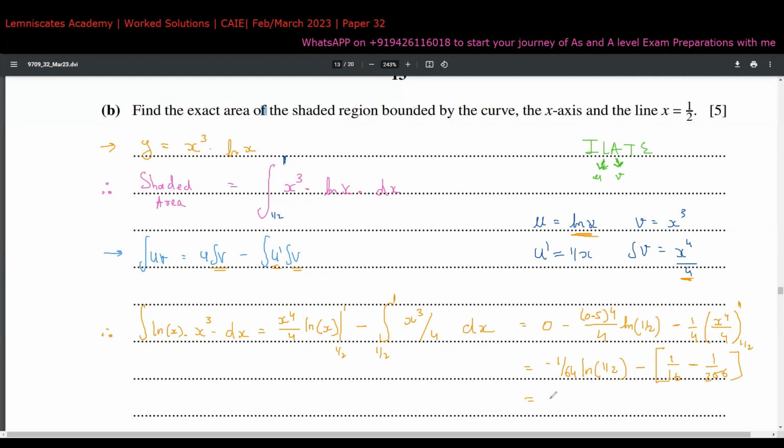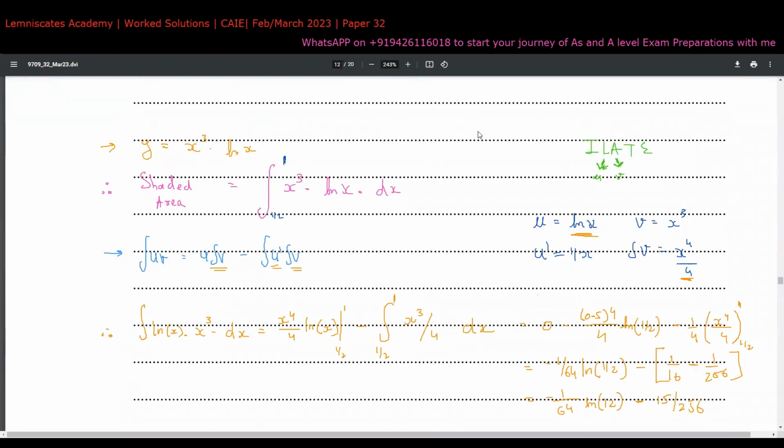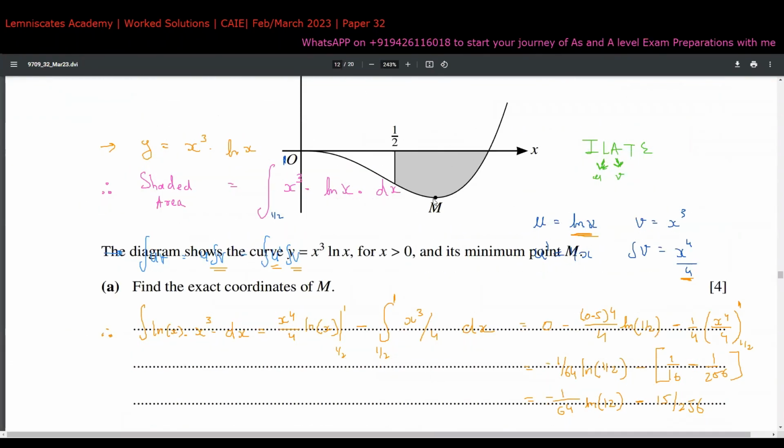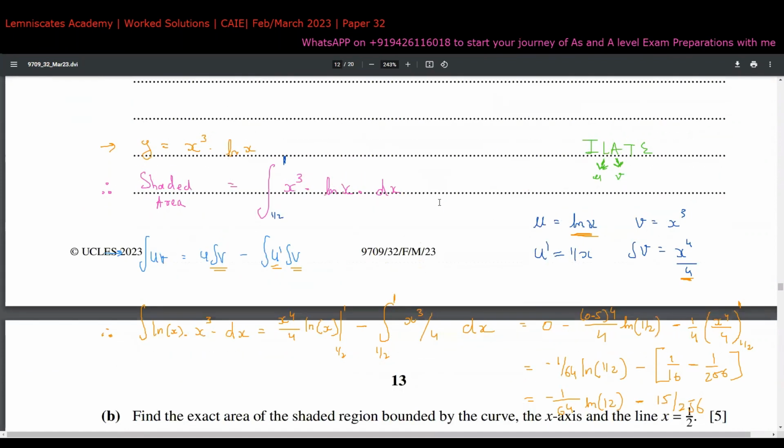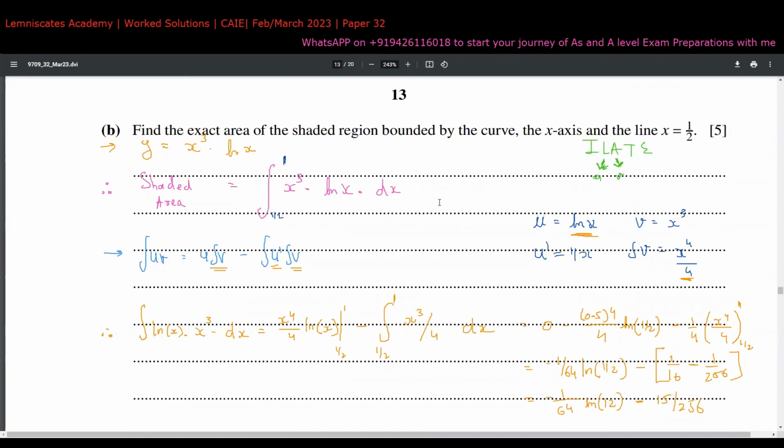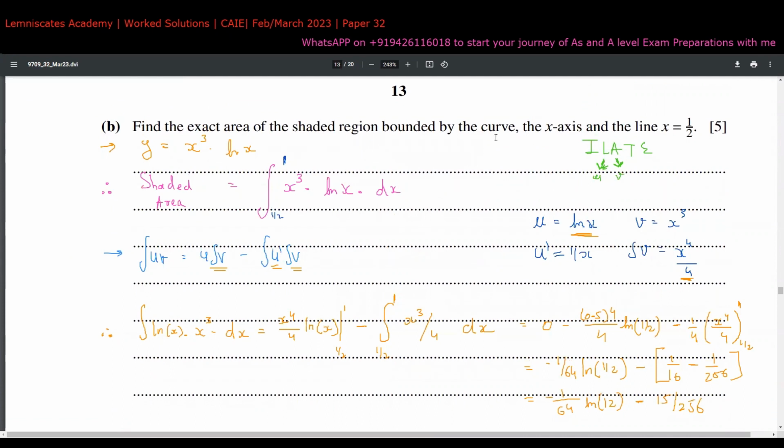But don't forget that there is also a negative sign. Over here also there is a negative sign. So it becomes minus 1 by 64 ln of half minus 15 over 256. Now also make sure that because we are below the x-axis, the curve is below the x-axis, the answer of the area will be the negative of this, because we need to get rid of that negative factor, because areas cannot be negative.